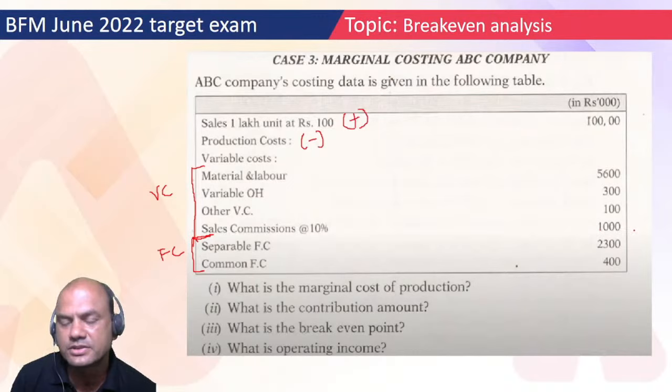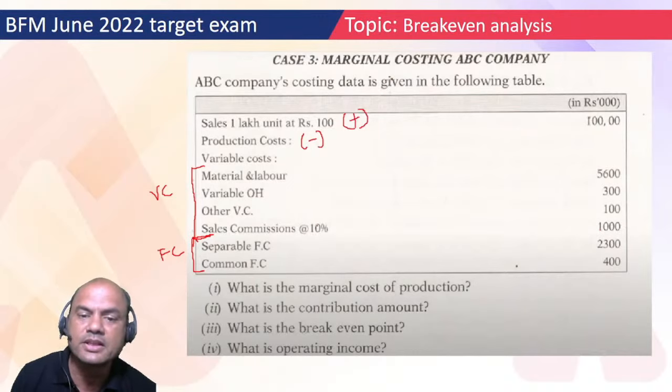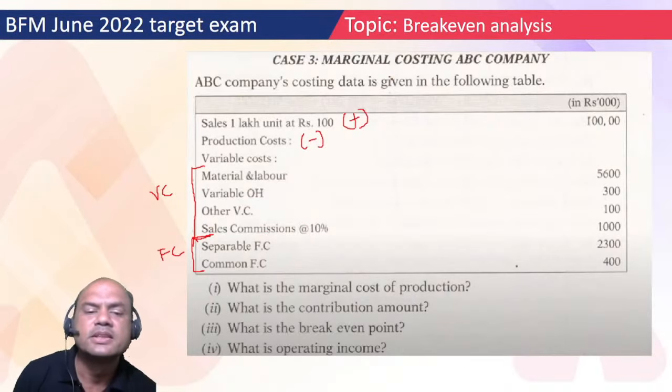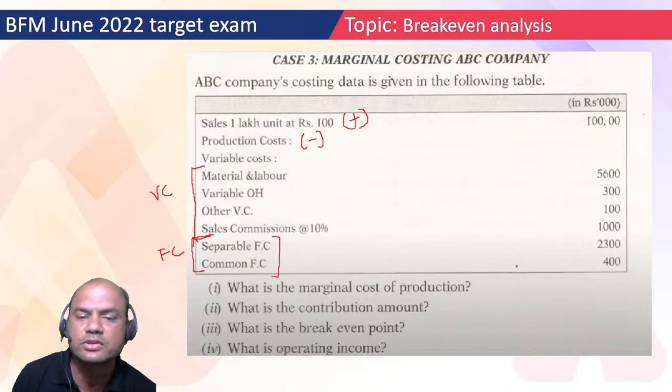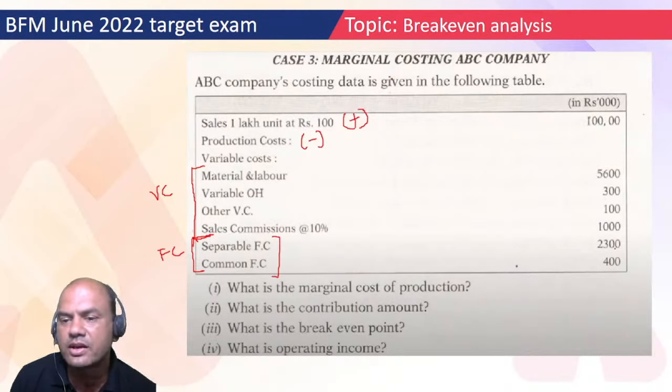Okay, so 10 lakhs. Okay, so sales commission is at 10%. Remember, the more the sales increase, the more the sales commission increases. Separable and fixed cost, keep it one and the same only. Consider full as fixed cost only, totally. So it is 2700 over here. Okay, 2700 and then 3 zeros. Okay, 3 zeros, I'll write it now.